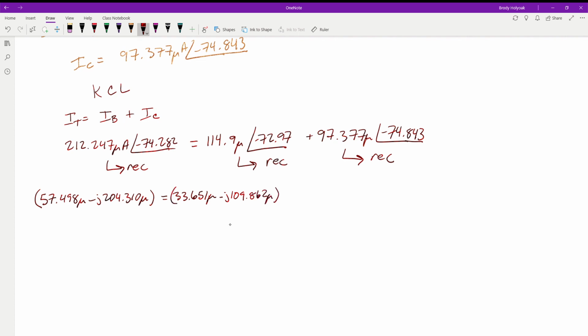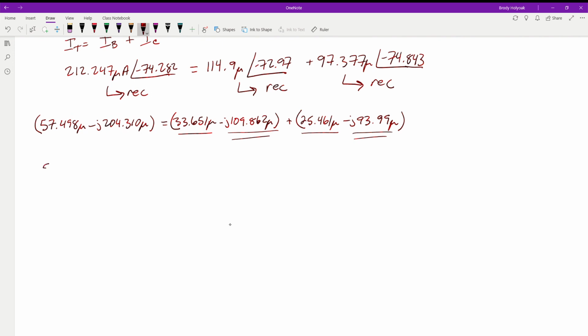So there's our current through B in rectangular. And the current through branch C comes out to be 25.461 micro minus J of 93.99 micro. So there's our values converted into rectangular notation. Again, we're going to add like terms, so the reals will combine, the imaginaries will combine.